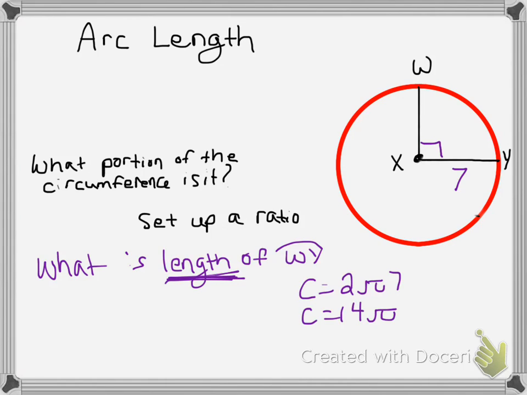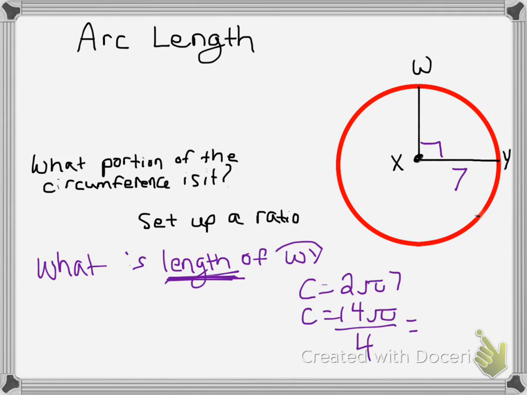What portion of the circle is this angle and this arc that's been created? If you answered it's 1/4 of the circle, then you're right. Wouldn't it be fair just to take the circumference and divide it by 4? You're finding a proportion, a ratio. If I take the circumference and divide it by 4, I would have the length of WY.